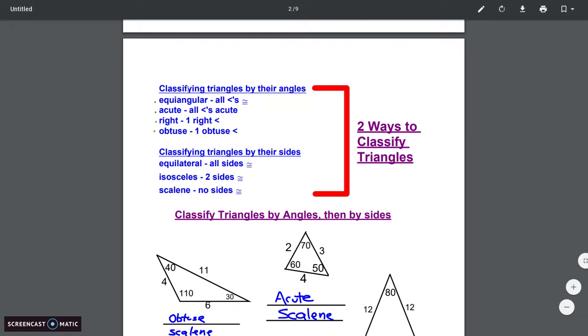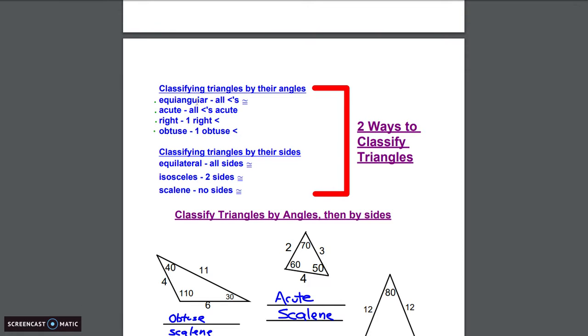But you see that? That means that all of the angles are congruent. Remember, the congruent symbol is the equal sign with the tilde on top. So if they're all equal, then it is.